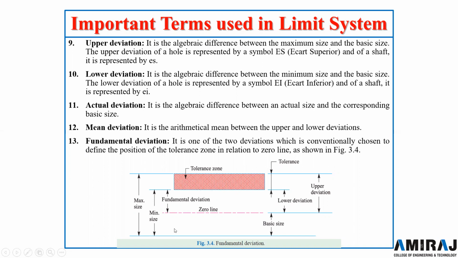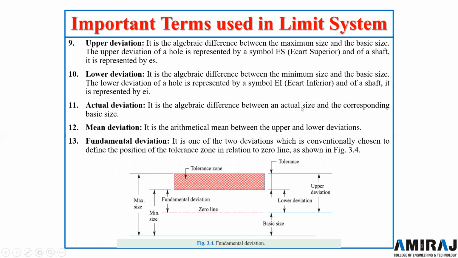So the difference between the minimum size and basic size is known as the lower deviation. Now, what is actual deviation? Actual deviation is the algebraic difference between the actual size and corresponding basic size.